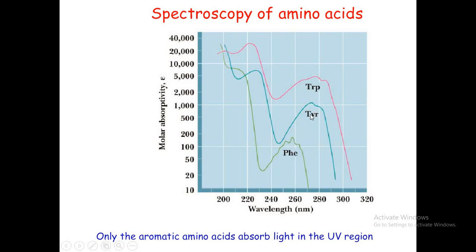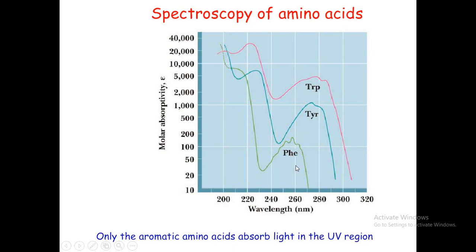These are all aromatic amino acids, and tryptophan and tyrosine absorb UV light at 280 nanometers to a greater extent as compared to phenylalanine.